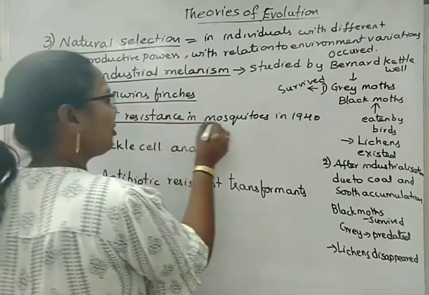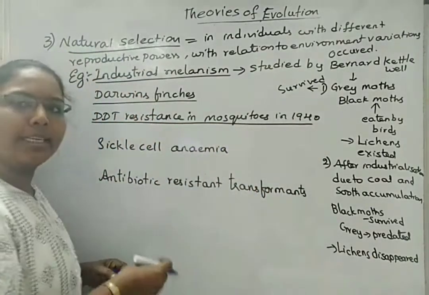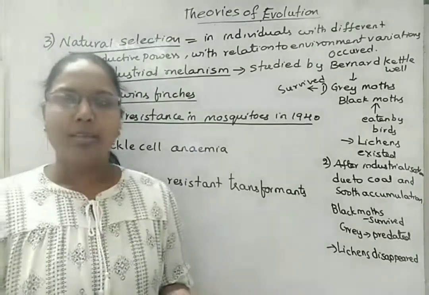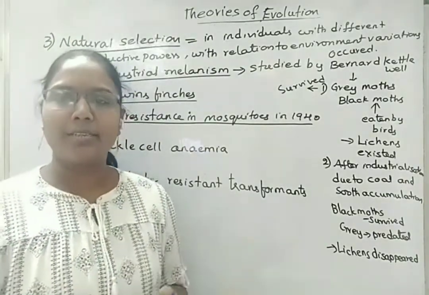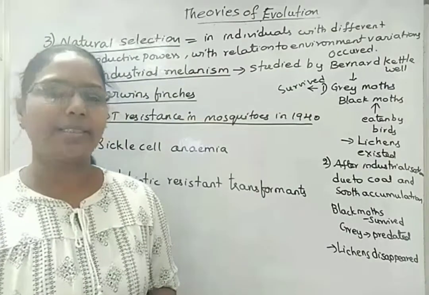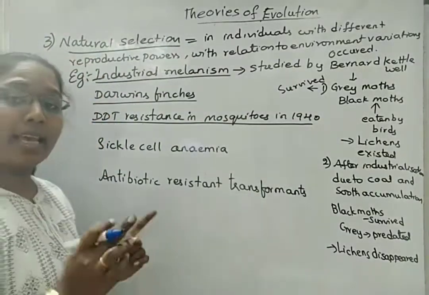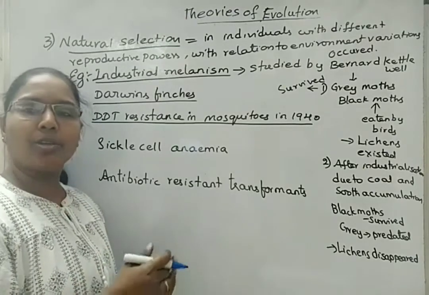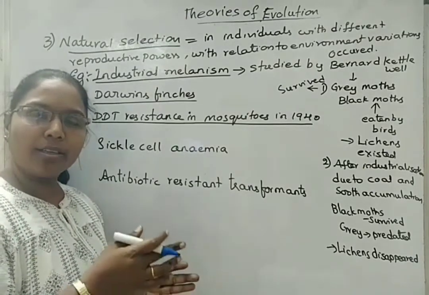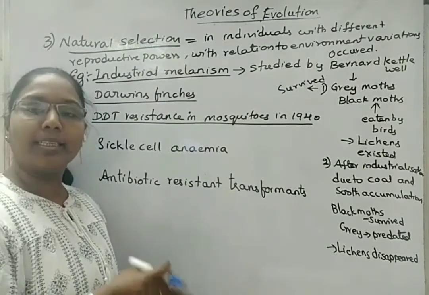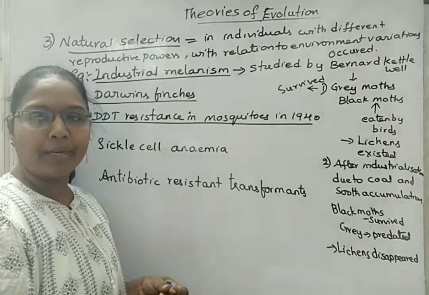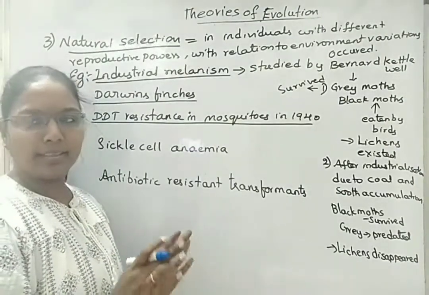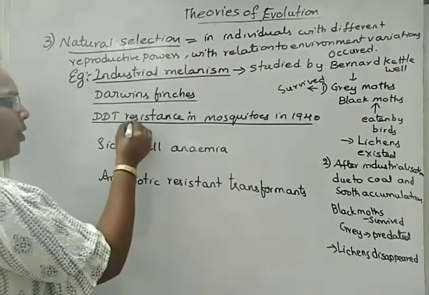Next, before 1940, DDT was sprayed on the roadsides, etc., or used as a disinfectant. Now, when it is heavily and continuously used, then the mosquitoes got adapted. They got a resistance to the DDT. Even if the DDT was sprayed, they did not die. So what happened?